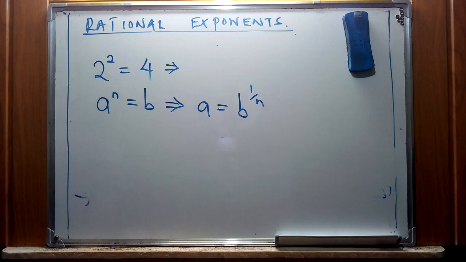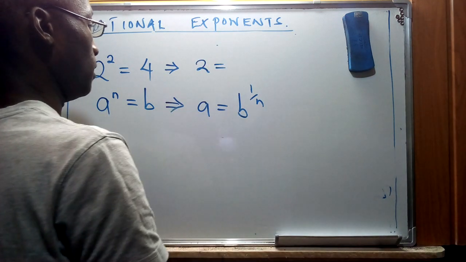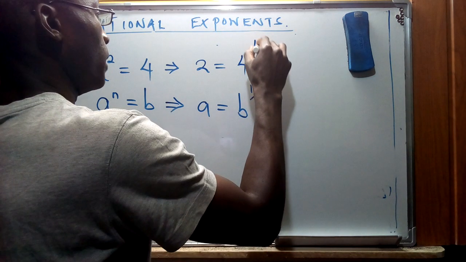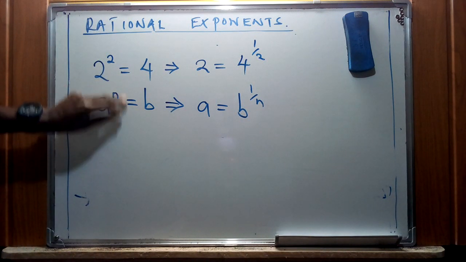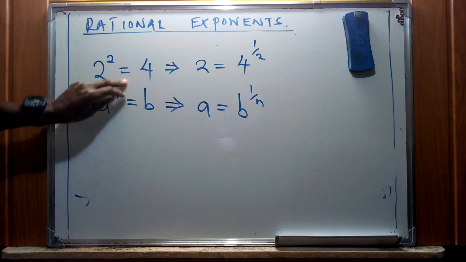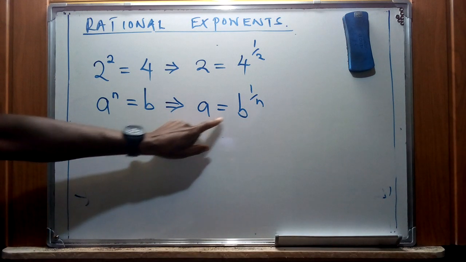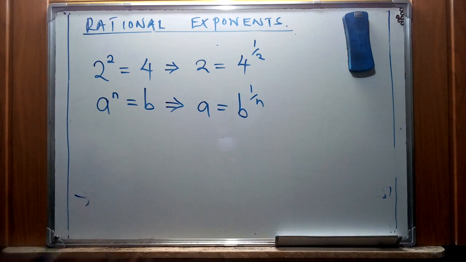We're trying to see how to represent this, so 2 is equivalent to 4 raised to a half. If you look at the relationship between the two, we're trying to figure out how to give an inverse of this particular power on this other side.